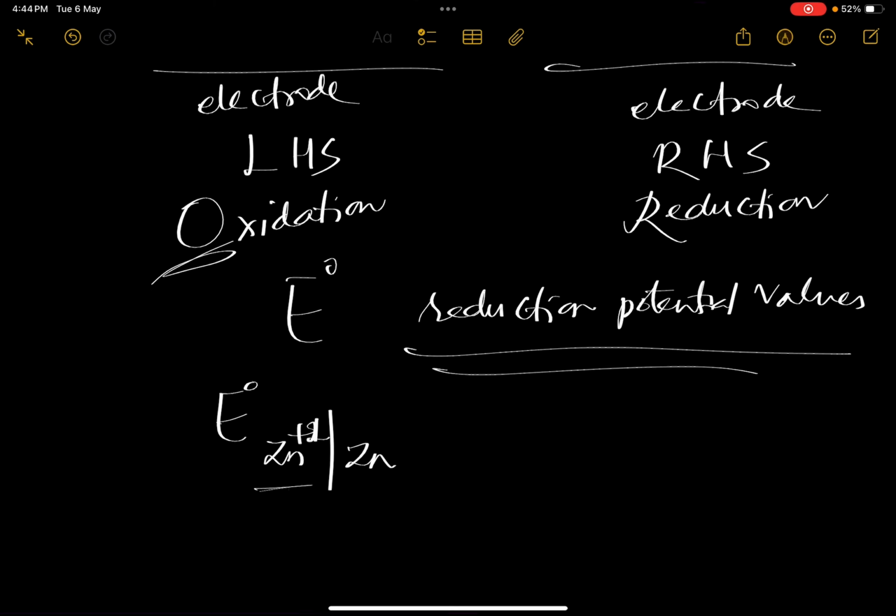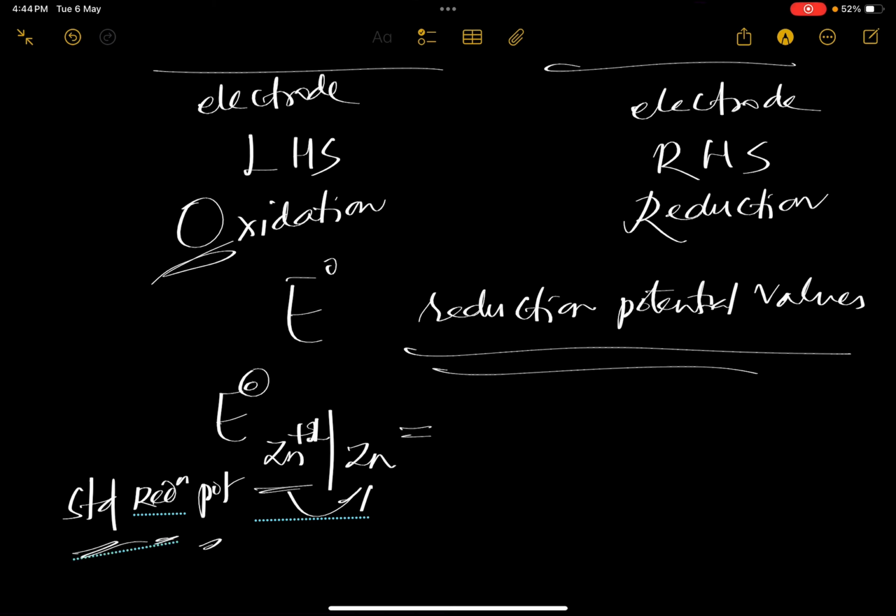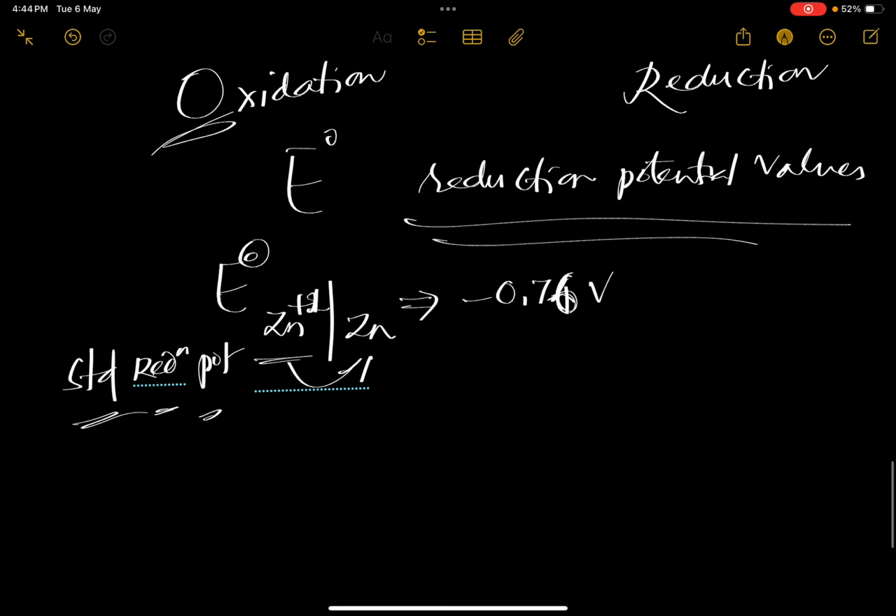See here carefully, zinc plus 2 by zinc means it is a reduction potential, and E naught means standard. Standard means normal conditions, like 1 atmosphere pressure, 1 molar concentration. The standard reduction potential value is minus 0.76 volts.